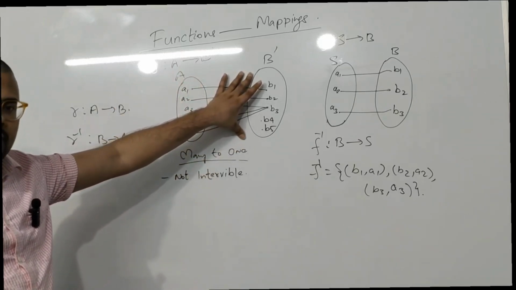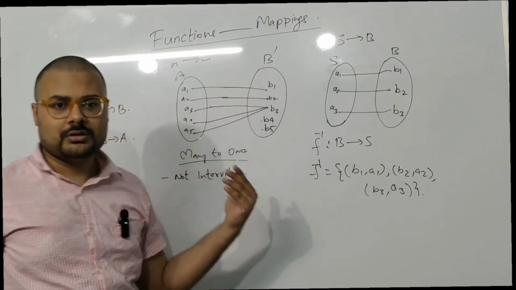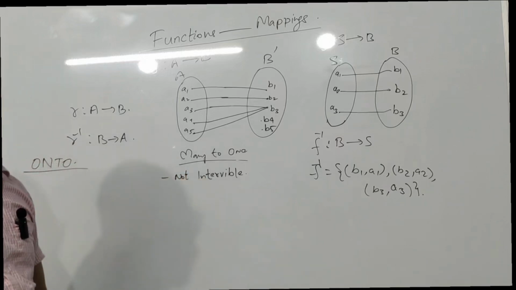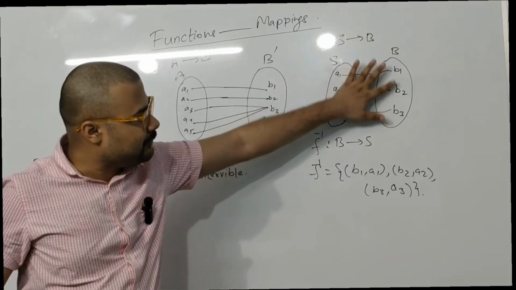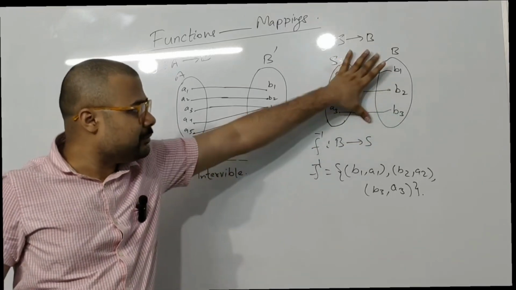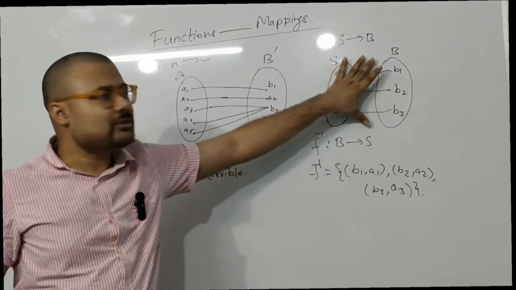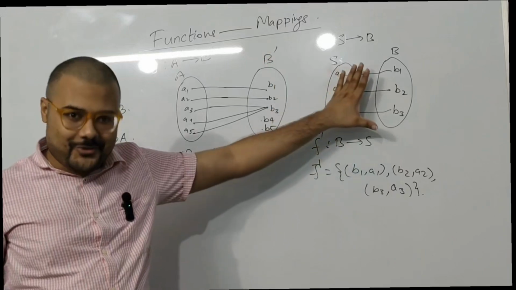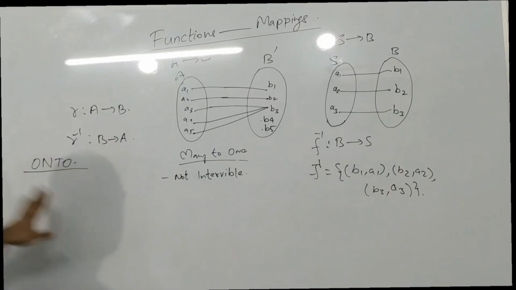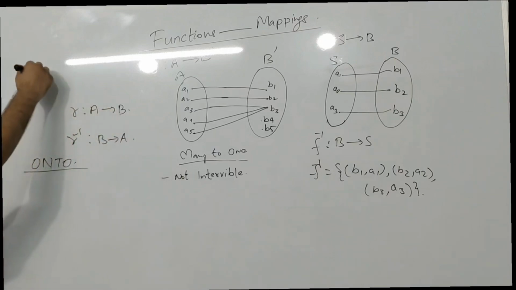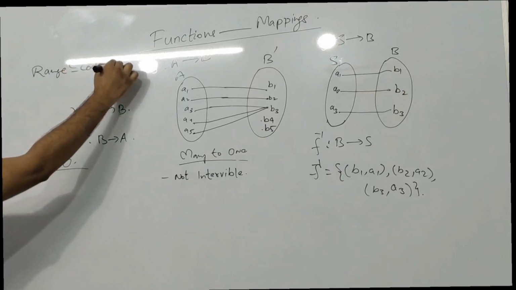Based on the range, you have two types of functions: onto function and into function. If all the elements have a pre-image, then range is equal to codomain. Or maybe some of the elements do not have a pre-image, like B4 and B5. Look at this: B1, B2, B3. For this set B, all of them have a pre-image. So the codomain is also the range. Range is equal to codomain. Here, your range is a subset of codomain. Range is always going to be a subset of codomain.